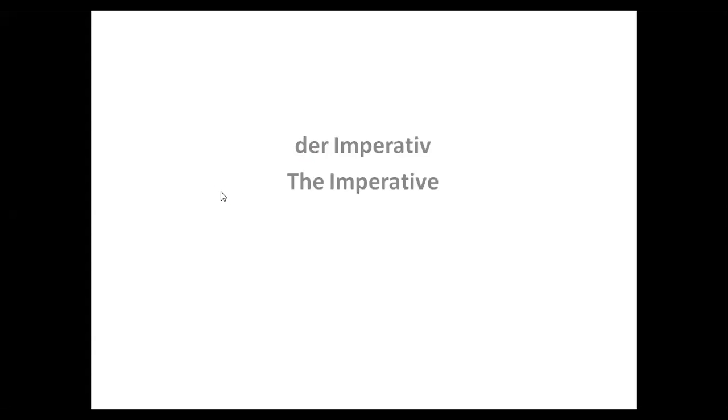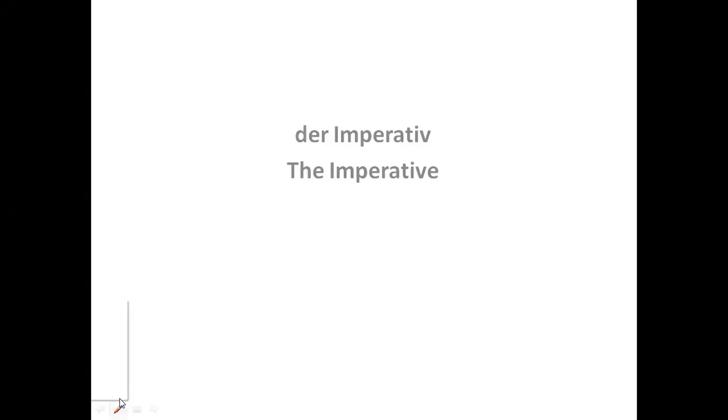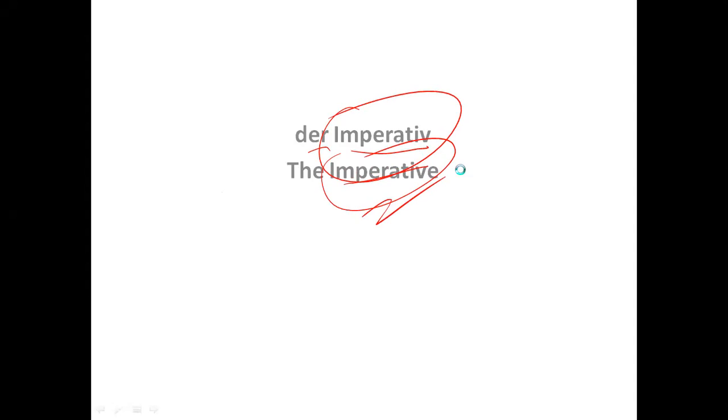In today's lecture, we are going to talk about our new topic, and the name of the topic is imperative. In German, we say der Imperativ. I'm sure you must have heard about this topic in English also.